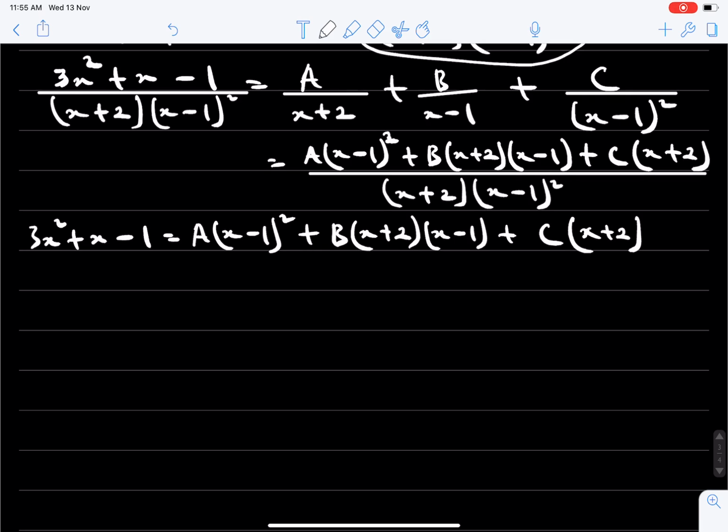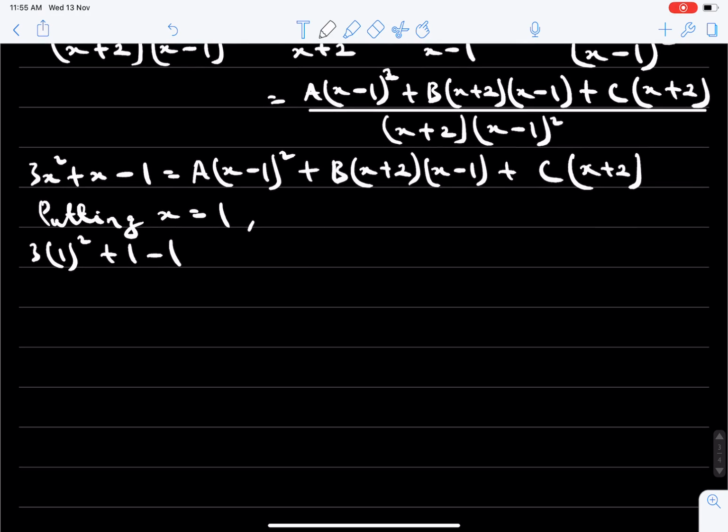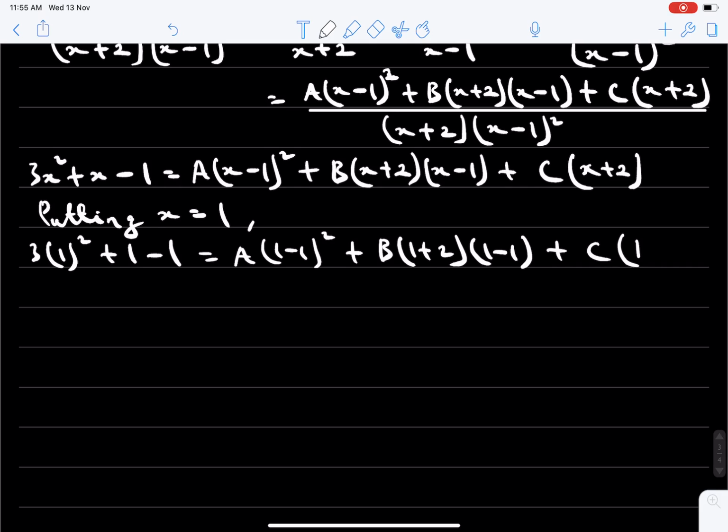So putting x equals 1 in this identity, 3 times 1 squared plus 1 minus 1 equals a times 1 minus 1 squared plus b times 1 plus 2 times 1 minus 1 plus c times 1 plus 2.